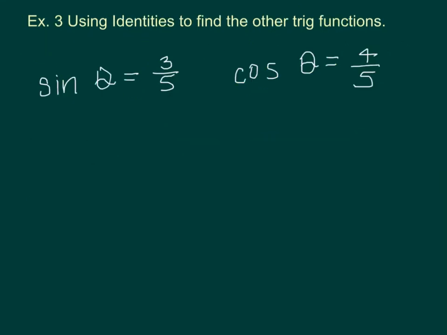In this example, they were given us sine and cosine, and we have to find the other trig functions. It says use identities, but what you can do is draw a triangle. You can put theta anywhere. And you know that sine is opposite over hypotenuse.